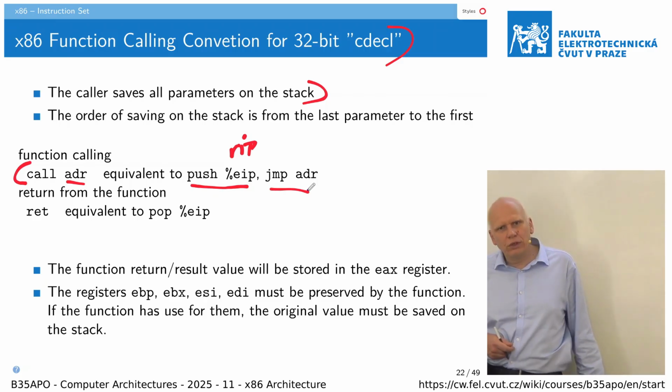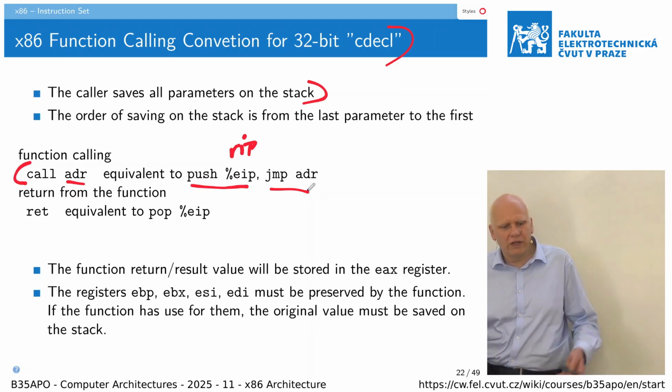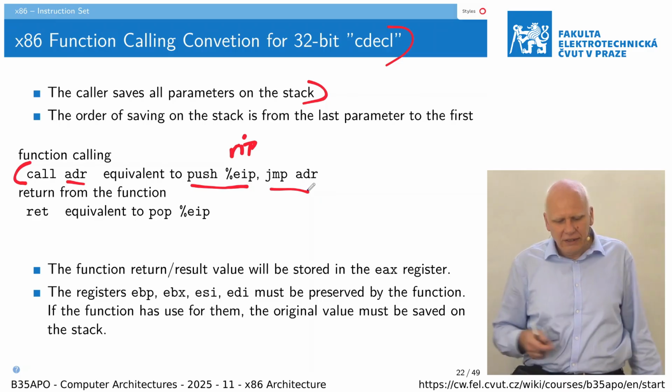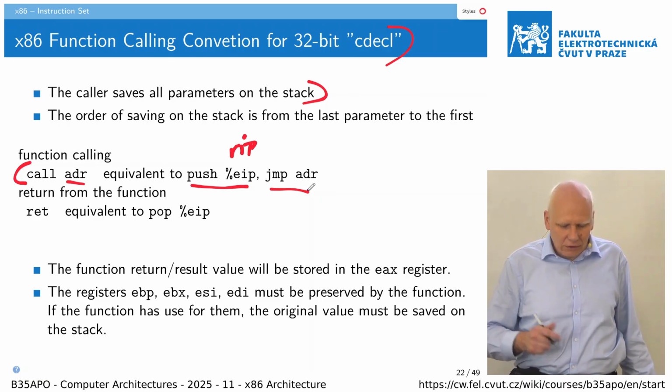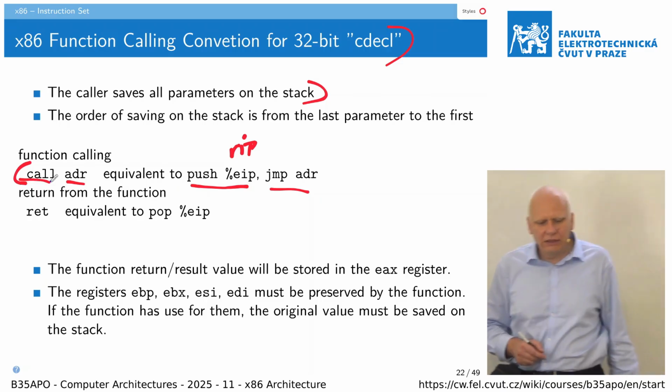So you do not need to take care of a return address register which can be modified in the function. If you want to call another function from one function, you would need to manually store it to the stack, but you do not need to do that because the call automatically does it for you.